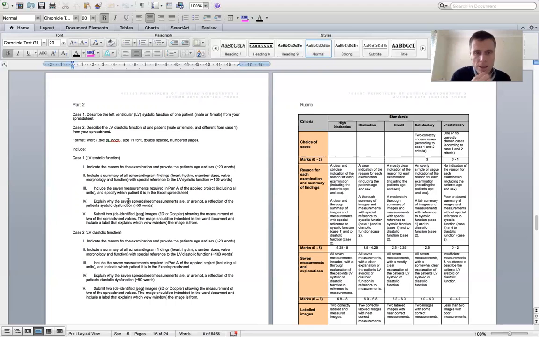Then the key thing is to explain whether or not those 7 values actually reflect the patient's systolic function. So that is to say, do those 7 measurements indicate in any way anything about the patient's systolic function?